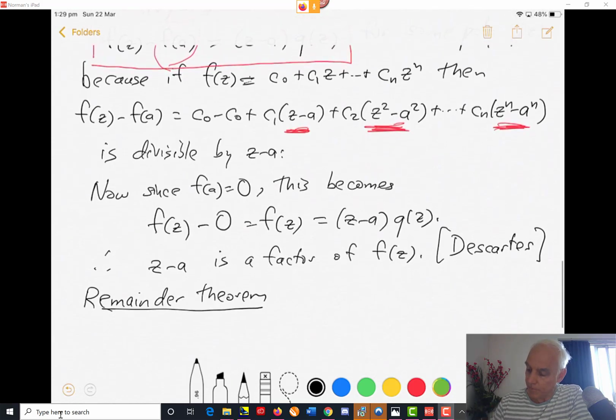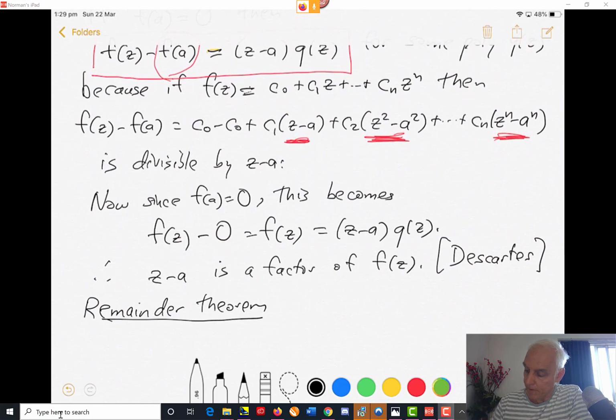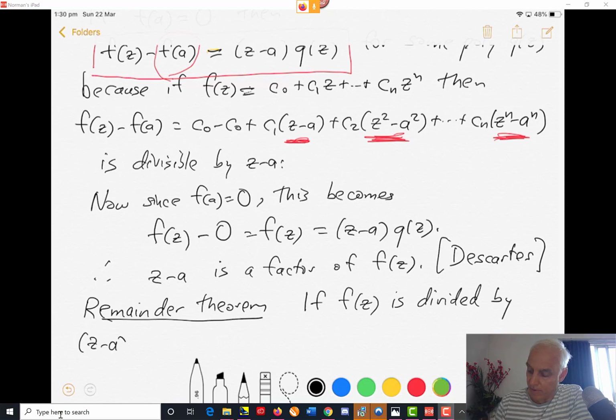It states that if f of z is divided by, say, z minus a, where a is a complex number, then the remainder is f of a.